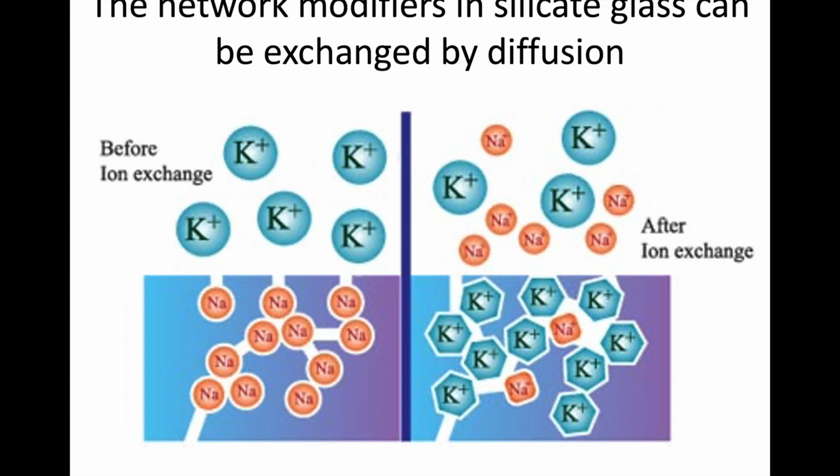And so that's where we get the compressive strain on the surface of the material from that difference in size. But it's reliant on the glass being glassy, right, and not accommodating the potassium and rearranging and relieving the strain that occurs from that process.